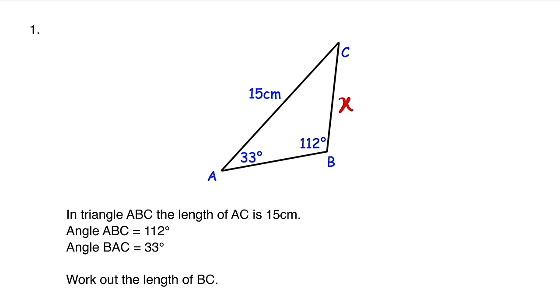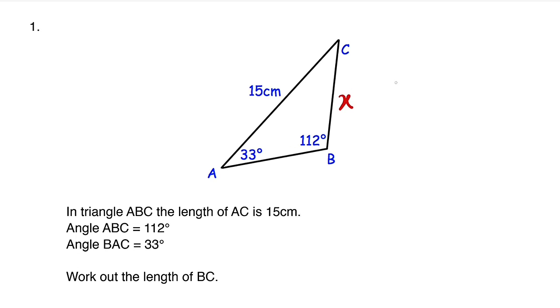So what can we use here? Remember, I told you if you have two angles on one side opposite to one of the angles, you can always use sine rule. So we are going to use sine rule here. The side we are looking for, which is X, I just mark it X. If not, you have to call it BC.